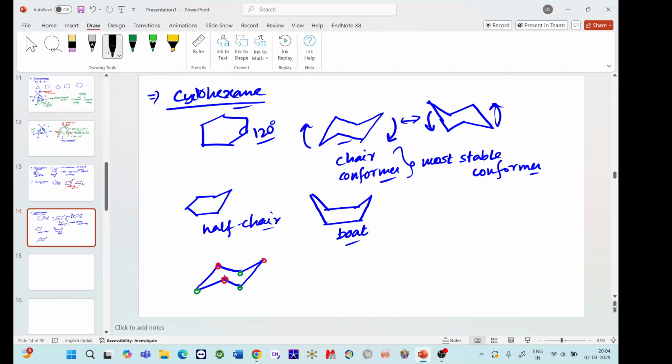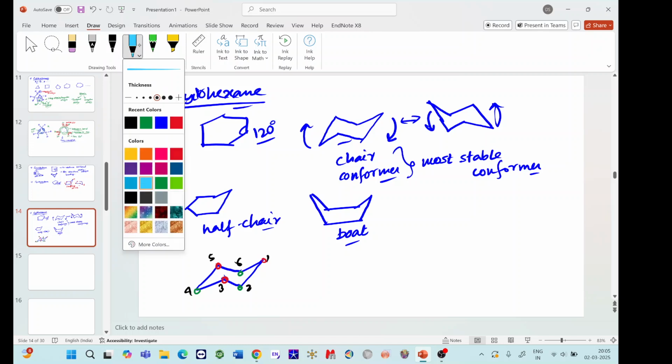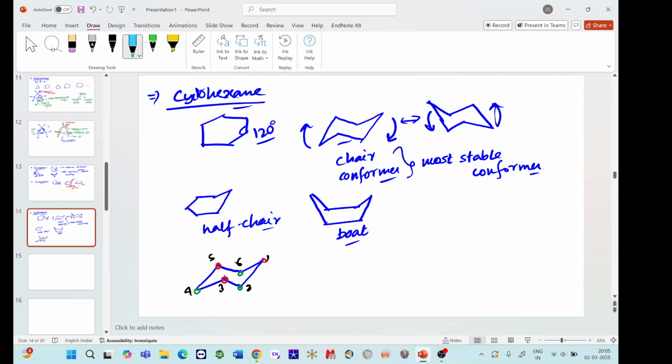I'll name them first: 1, 2, 3, 4, 5, and 6. Now let me draw the hydrogens. In this position, this is called the top part, or axial. This is called the equatorial.